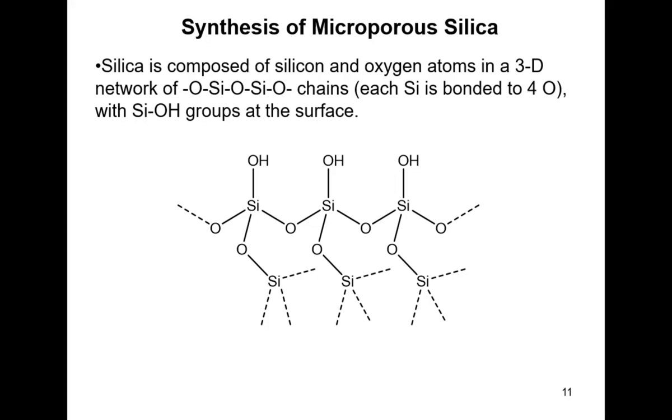But we have to think about what happens at the surface. At some point, it's not an infinite chain. So when it gets to the surface, it stops at an oxygen atom, which then becomes attached to a hydrogen atom.